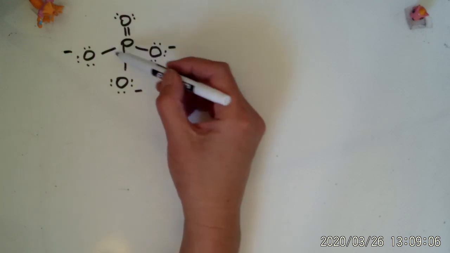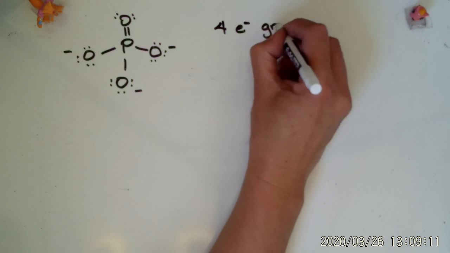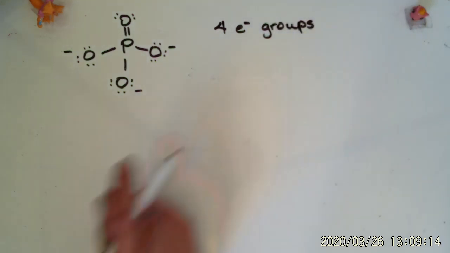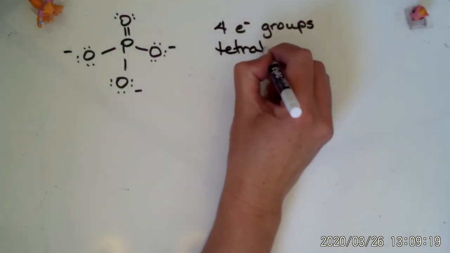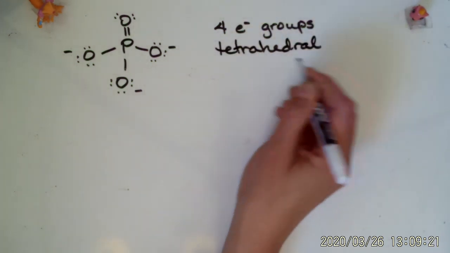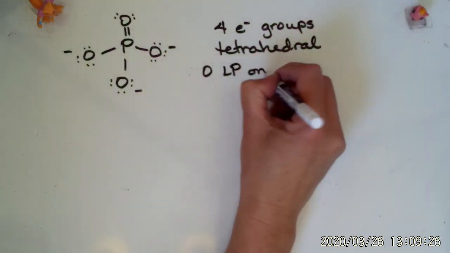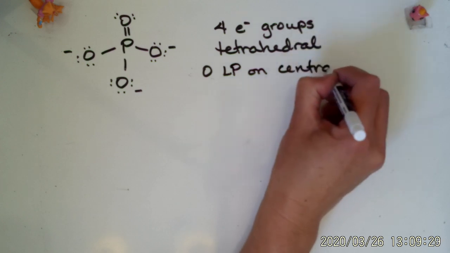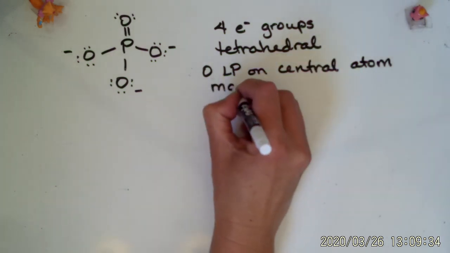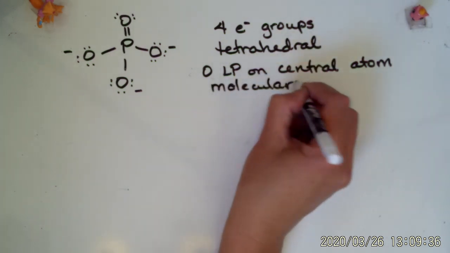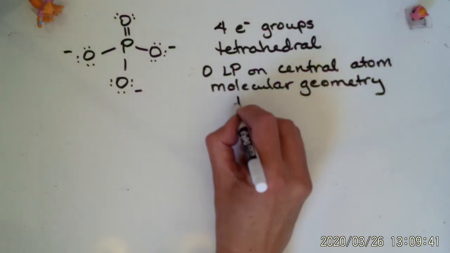I have 1, 2, 3, 4 electron groups. Because of that, we know this is tetrahedral. And since I have 0 lone pairs on my central atom, my molecular geometry is also tetrahedral.